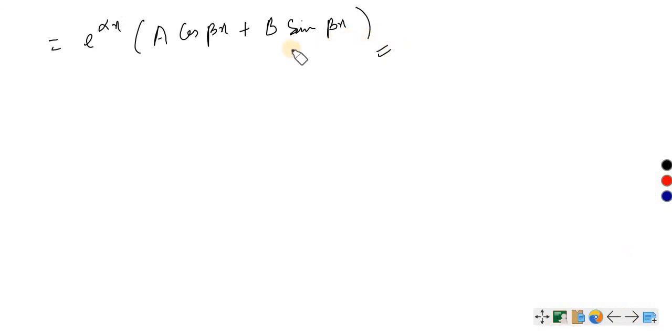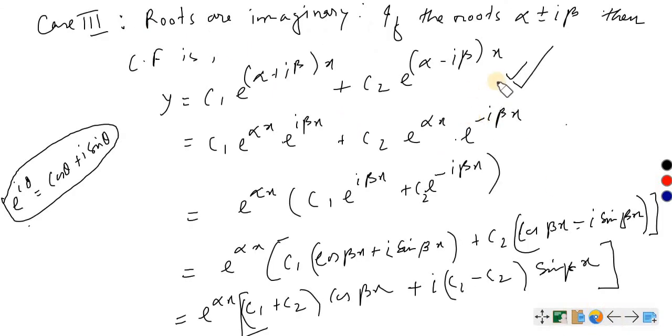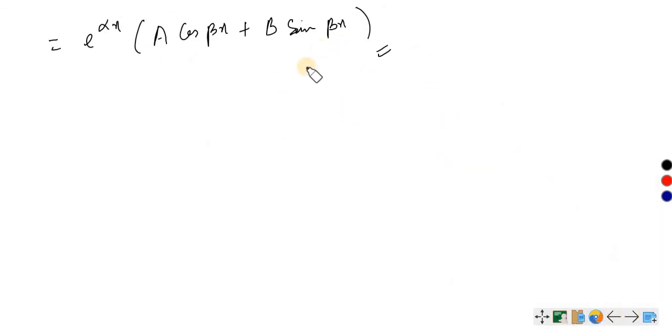Most often we use this, remember, because this is a more simplified form of the previous one, so please try to use this only. Okay, so this was all about the complementary function. So till now we have learned about the theory part of this second order differential equation with constant coefficients. Now let us apply these theories in some practical examples. Let us solve some examples.